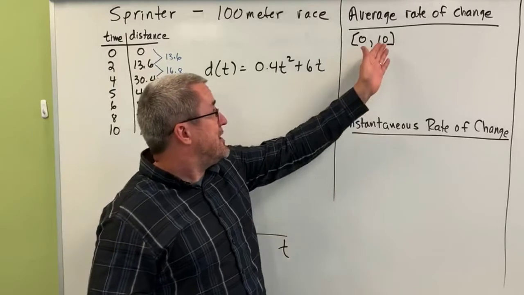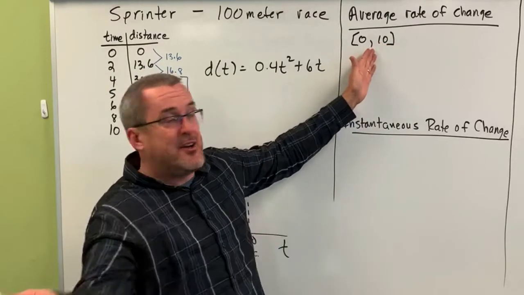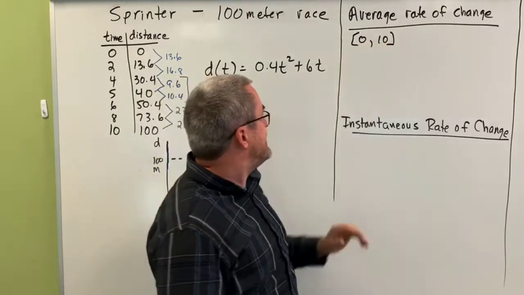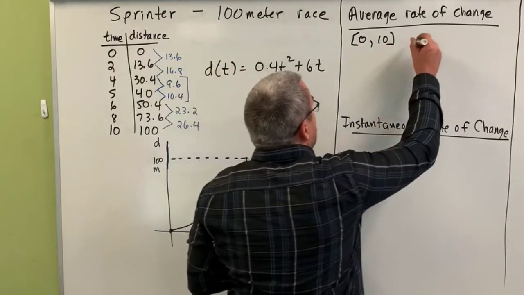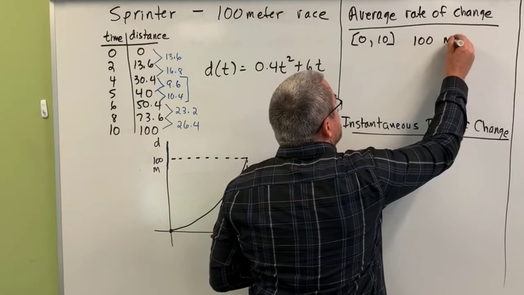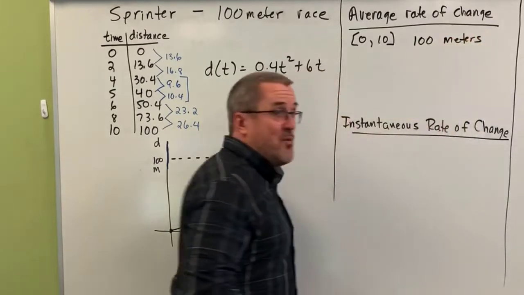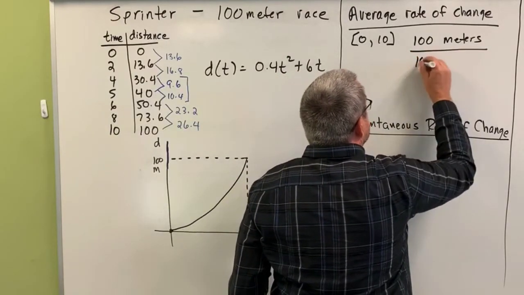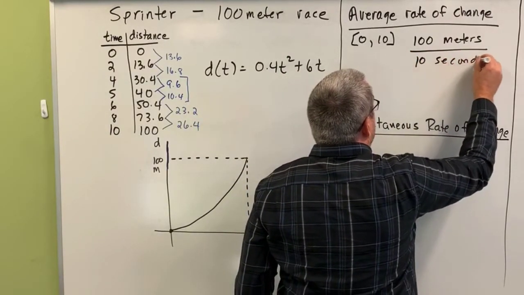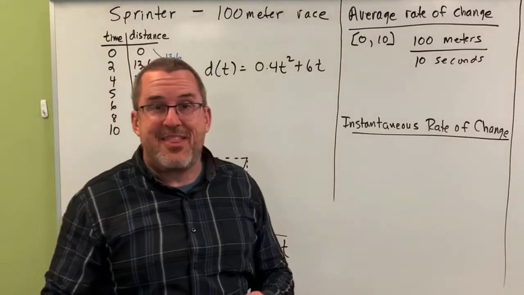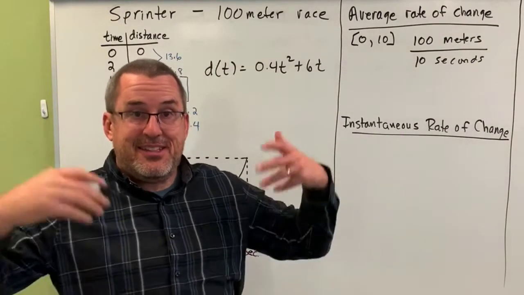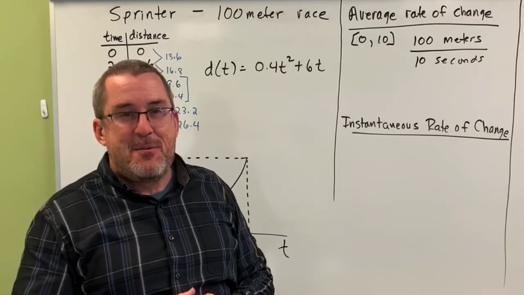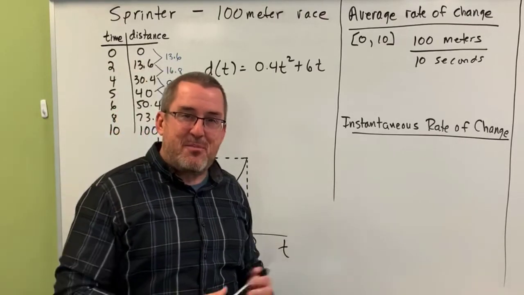Let's first talk about the average rate of change over the entire race, from 0 seconds to 10 seconds. In 0 seconds to 10 seconds, the runner has completed the race, so they've run 100 meters. And that 100 meters was run in 10 seconds. So on the one hand, we could say that on average, this runner has had a speed of 100 meters per 10 seconds. But that wouldn't be a conventional way of reporting speed.